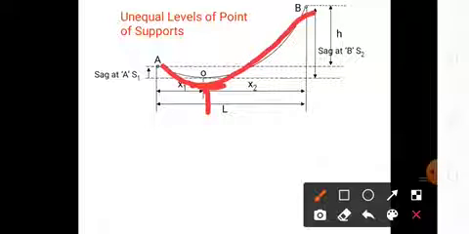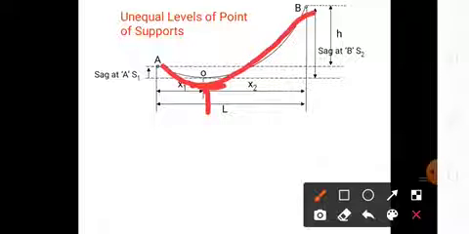The total length is L. In the vertical component, the sag at A is S1 and the sag at B is S2. Two sags will occur here.